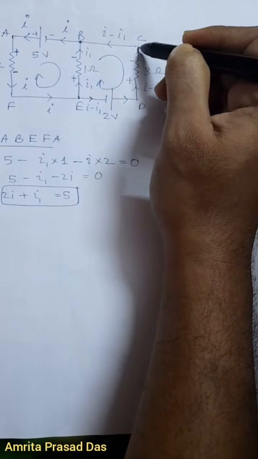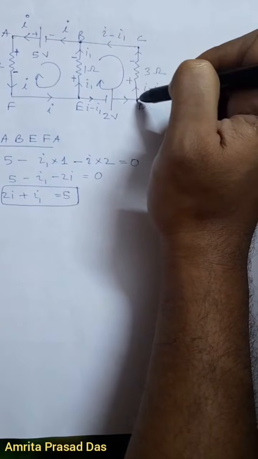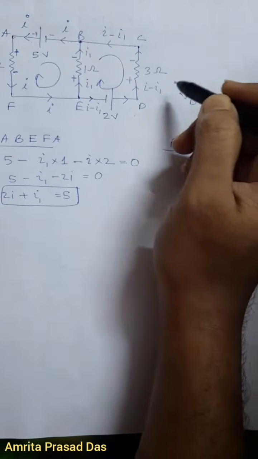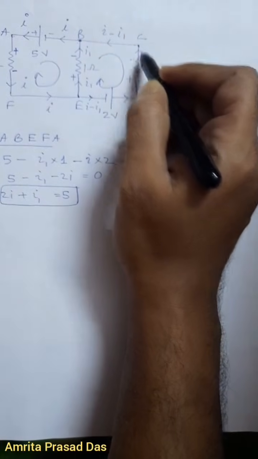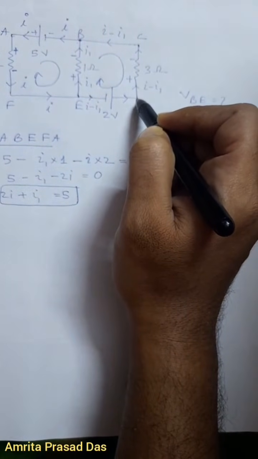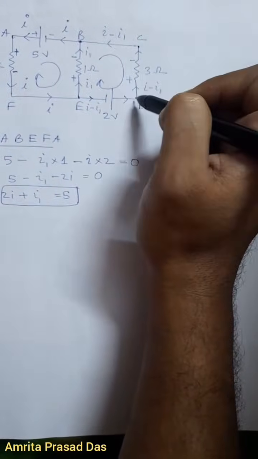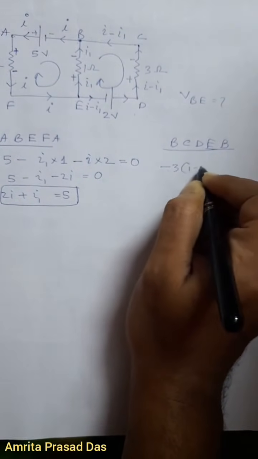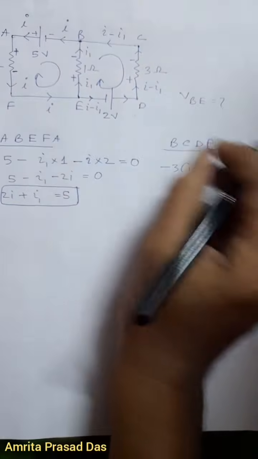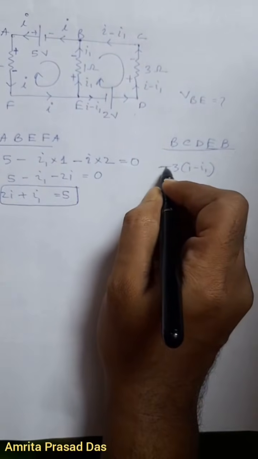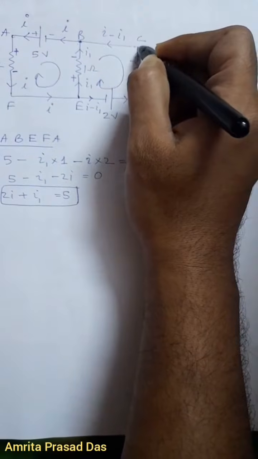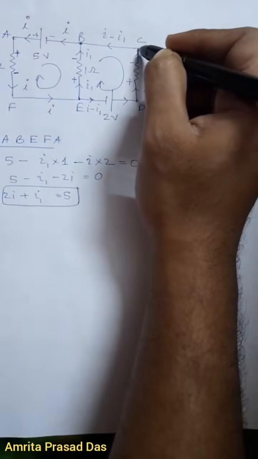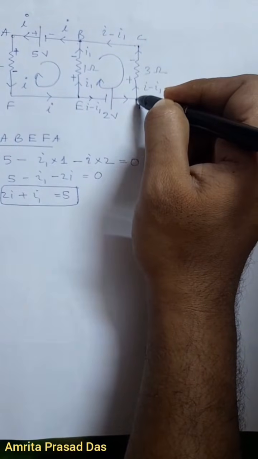First, you get a potential difference between these 2 points C and D. You are moving from C to D, and according to your current division, C is at low potential and D is at high potential with respect to C. Therefore, VC minus VD must be negative. So we get minus 3 into I minus I1, that is current into resistance potential difference. The minus sign appears as you are moving from C to D, where C is the low potential point and D is the high potential point.